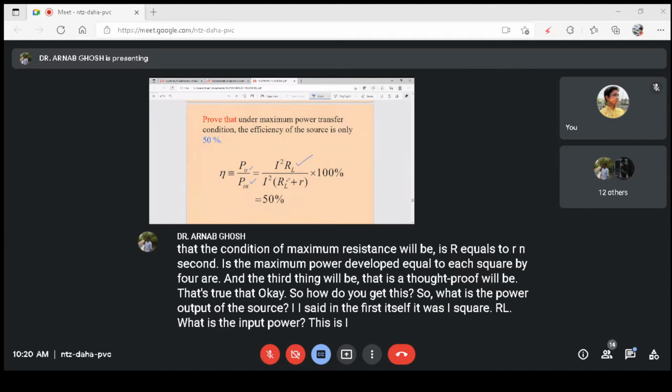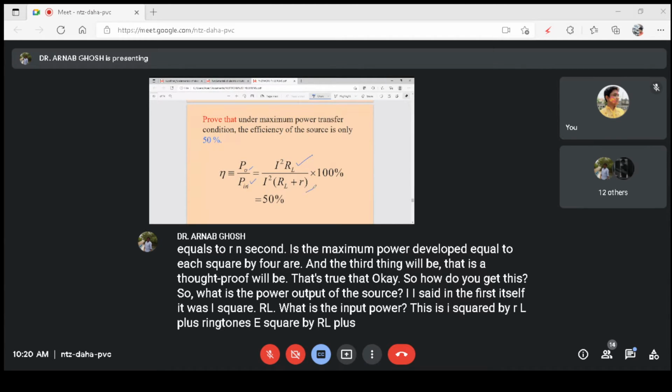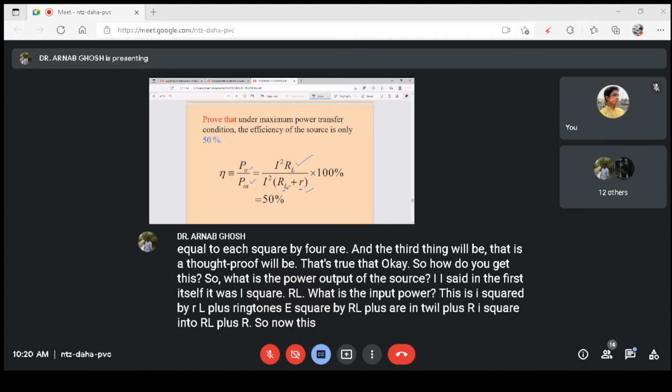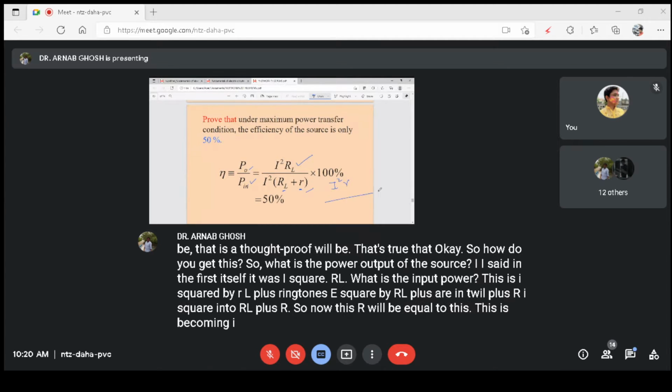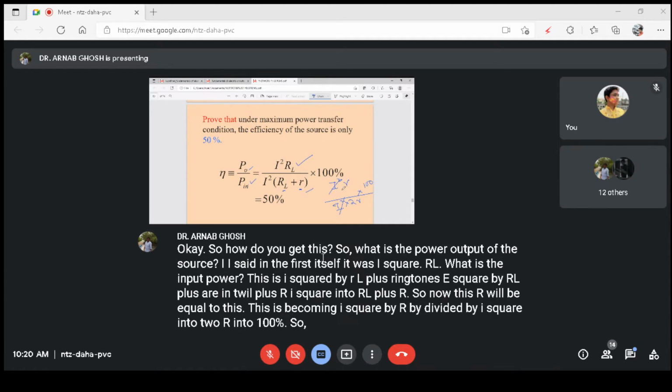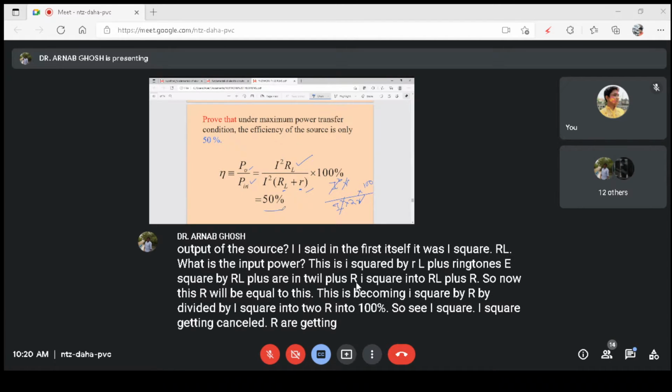This is I square into (RL plus R), so I square into RL plus R. Now this R will be equal to RL, so this becomes I square RL divided by I square into 2R into 100%. See, I square gets cancelled, so you are left with 50%.